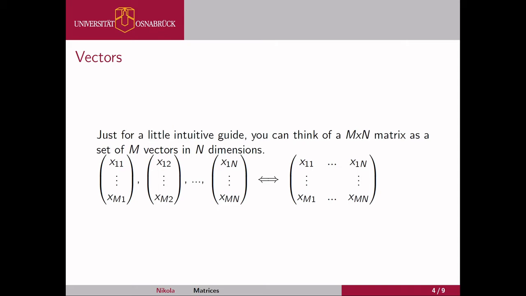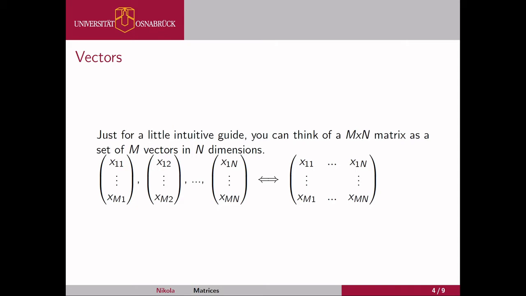For really basic intuition, you can think of matrices as a set of vectors. Imagine you have a few vectors, and if you group them together, the kind of space that those vectors represent is what a matrix expresses.